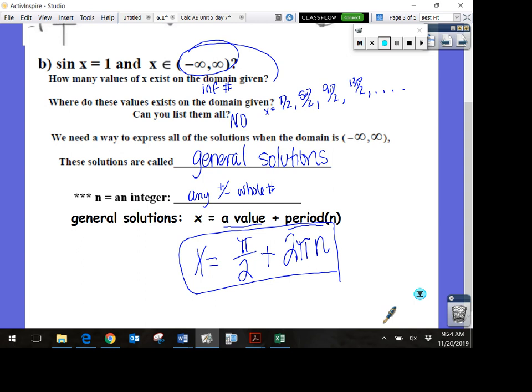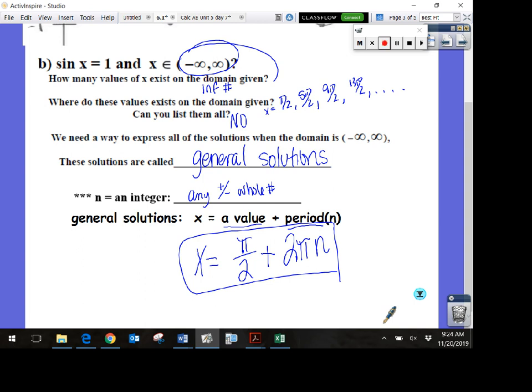This particular one, because sine x equals 1, and 1 was a high value, if it's at the top or the bottom of your graph, then you'll only have one general solution. When it's somewhere in between, we're going to have more than one general solution. But for a problem like this, there would just be that one general solution, and that covers all of the possible answers you could have.